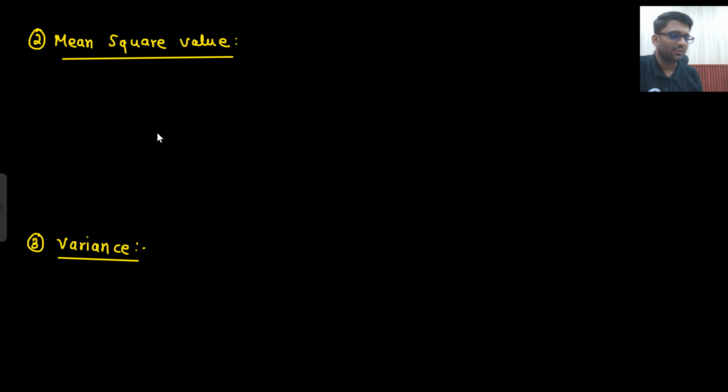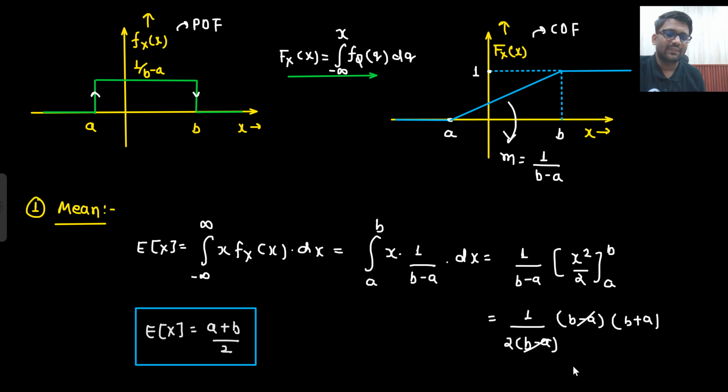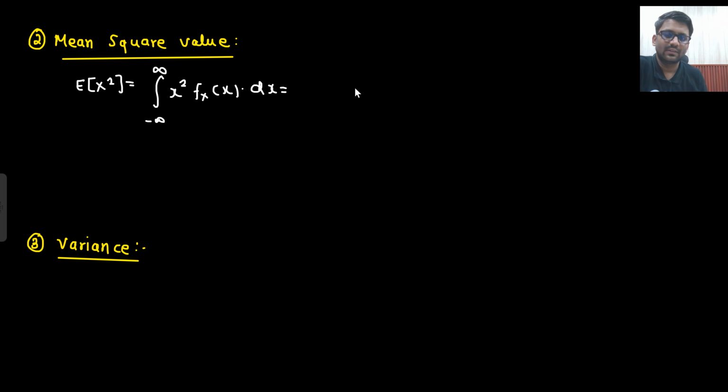What about mean square value? So we will find out the mean square value, but you don't need to remember it. Whatever answer we get, you don't need to remember it. So what we need to do? x square fx of x dx. What is fx of x? 1 upon b minus a, and it is non-zero between a to b.